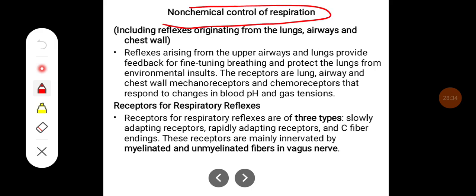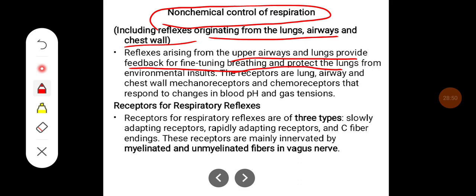Non-chemical control of respiration includes reflexes originating from the lungs, airways, and chest wall. Reflexes arising from the upper airways and lung provide feedback for the fine tuning of breathing and protect the lungs from environmental insults.